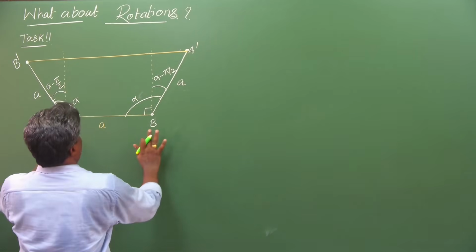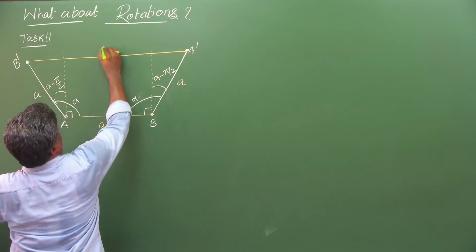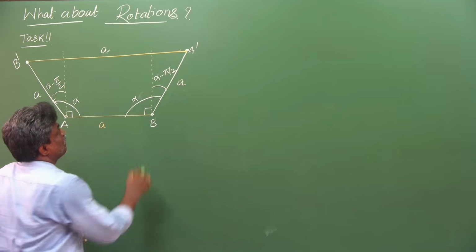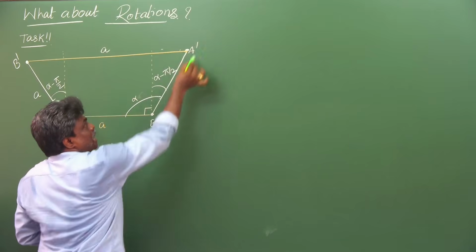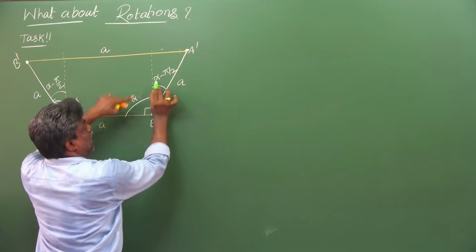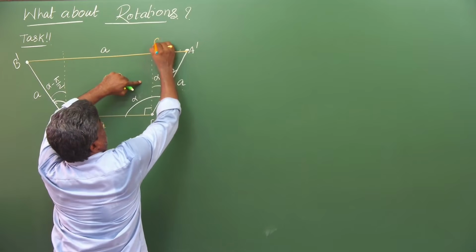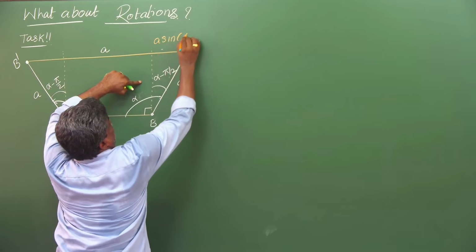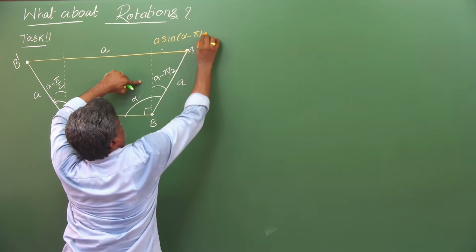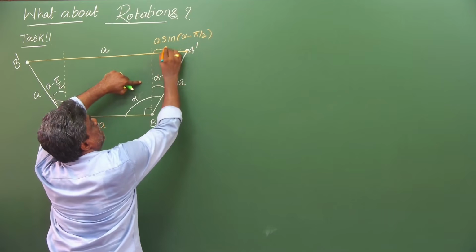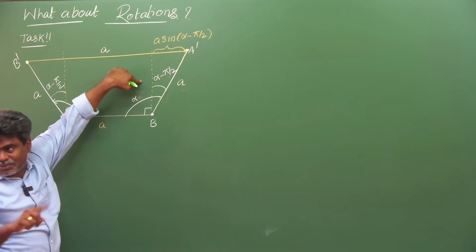So one thing is very clear. If this is A, this is also A. Now come to this. Hypotenuse is A, angle is alpha minus pi by 2. That's why this is nothing but A sine alpha minus pi by 2. Is it opposite side or adjacent side? That's why sine.